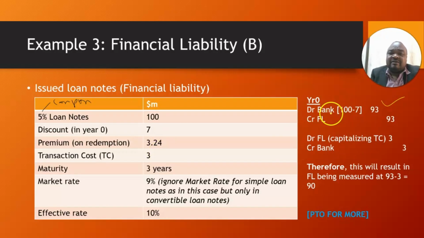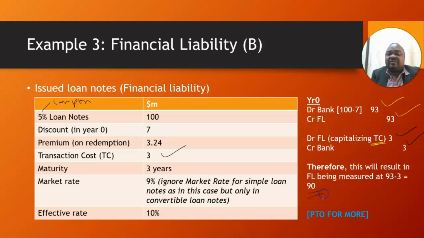So we're going to debit the bank 93 and credit the financial liability. Then we also have to debit the financial liability with the transaction costs. We need to capitalize it with the transaction cost of 3 million, right, and credit the bank. Therefore, this will result in financial liability being measured at 93 minus 3, which comes to 90.